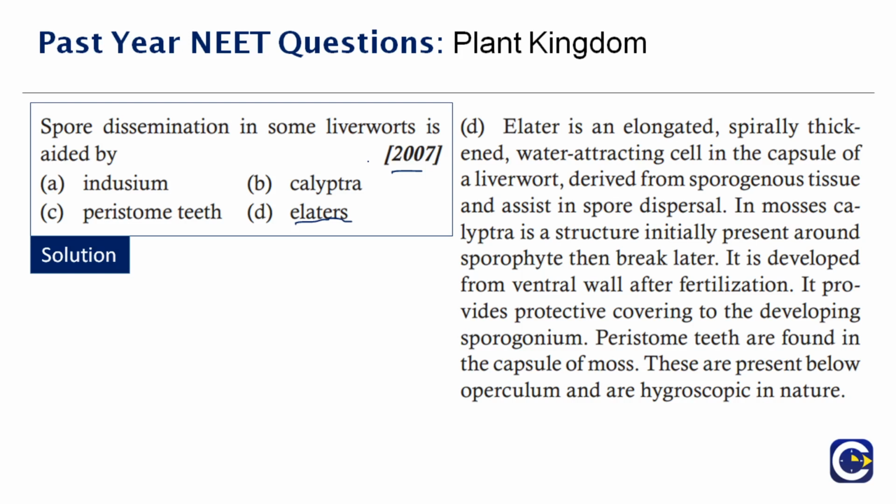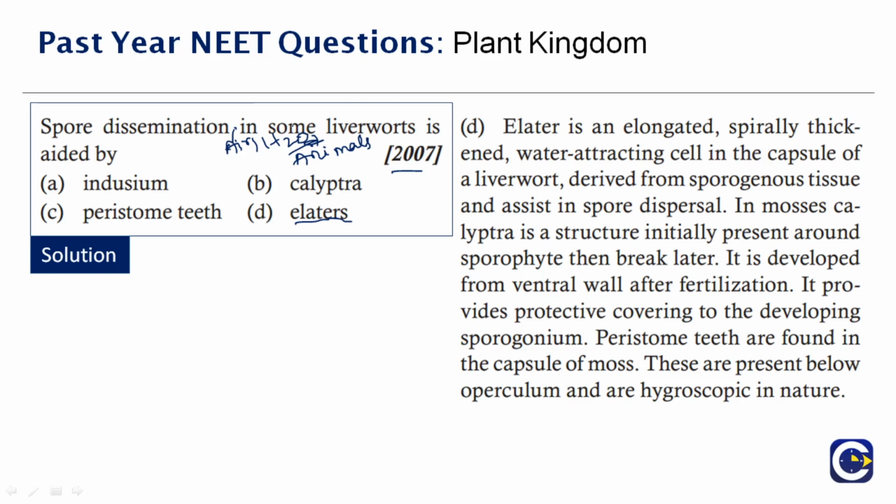Spore dissemination can be carried out, as we already saw, by air, water, and even certain animals. But the elater is something which works in water. When the spores encounter a favorable condition, they germinate and reproduce.